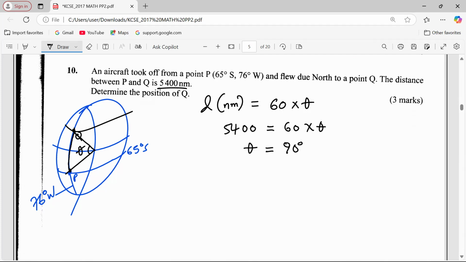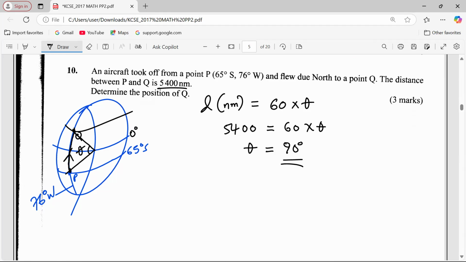If that is so, and we know the position of P as 65, then we can know the position of Q on the other side. So we are moving along the same longitude until we cover an angle of 90. So from here to 0 degrees equator, we will cover 65.